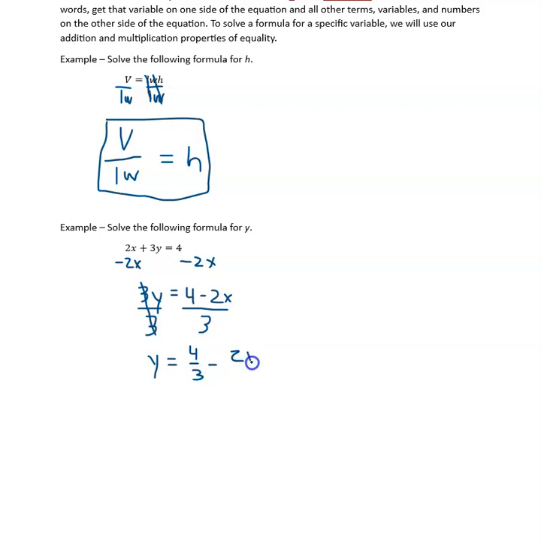So don't forget that when you're dividing, you have to divide every term on both sides by that same number. A lot of times people will divide the 4 by 3 or the 2 by 3, but not both. But remember that we must divide every term by 3. So we can now say that this formula has been solved for y since y has been isolated.